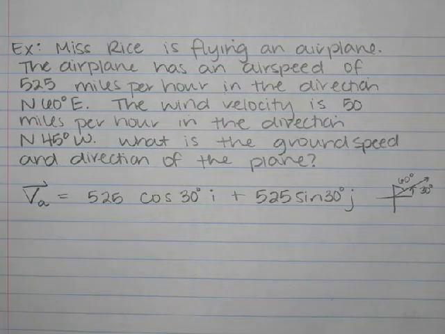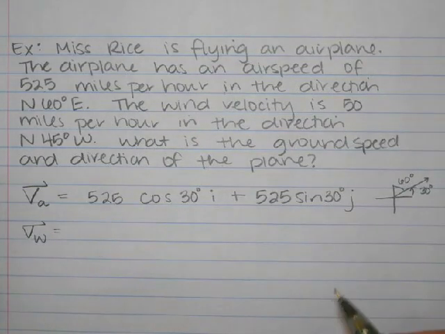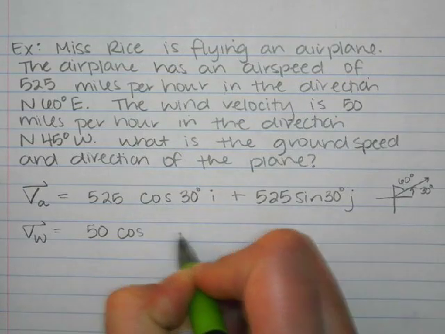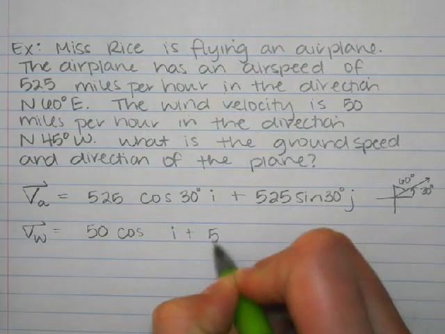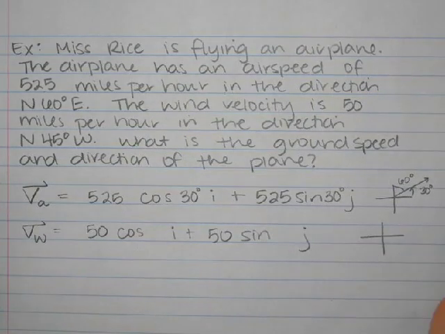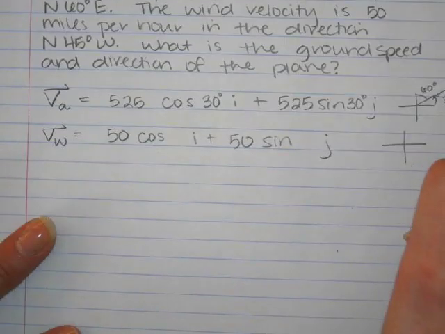Okay. Second thing, we write the vector for the wind. The wind is 50 miles per hour, so 50 cos something plus 50 sine something. And again, for the wind, we have to figure out the angle measurement in terms of calculator measures.